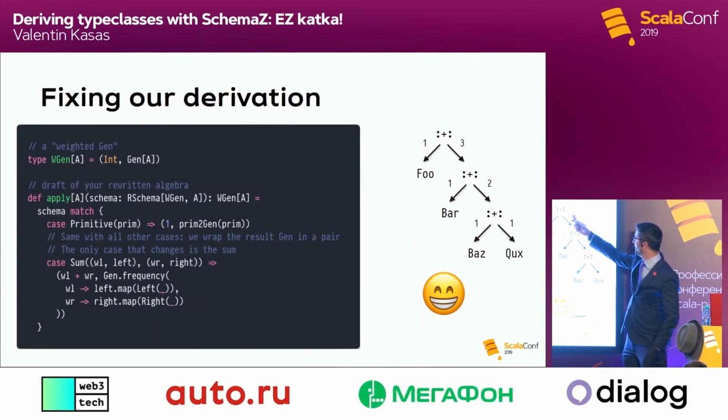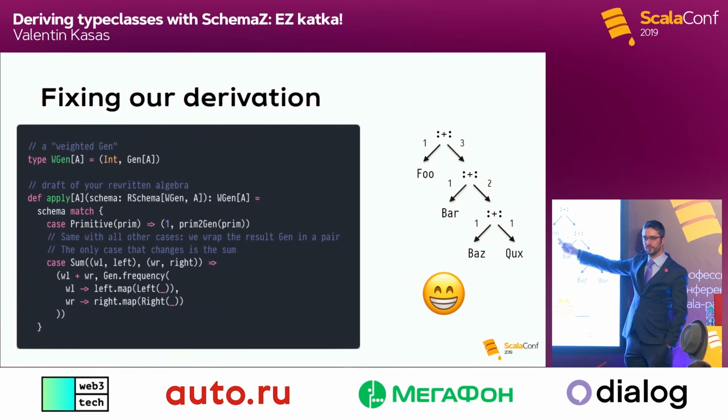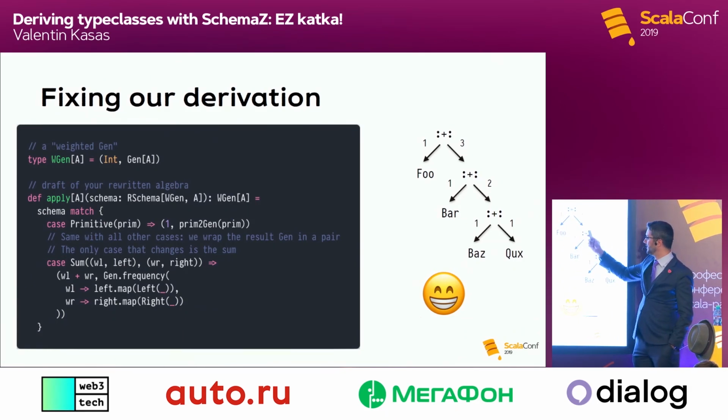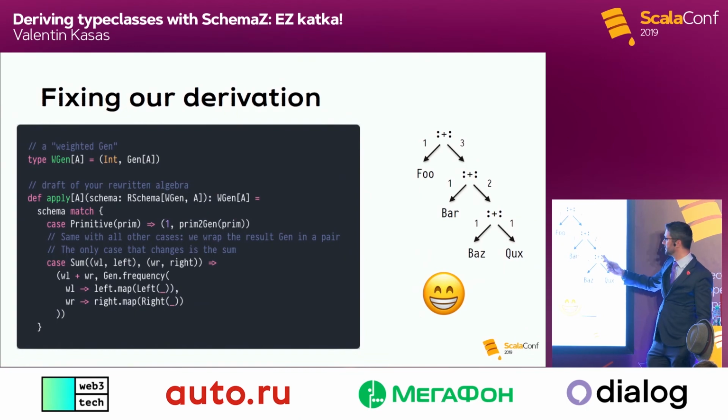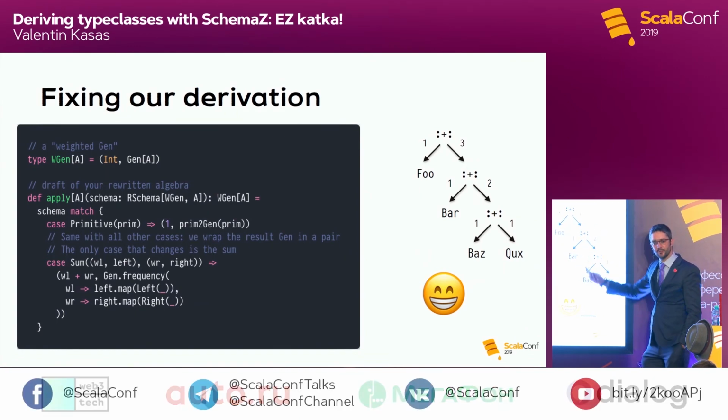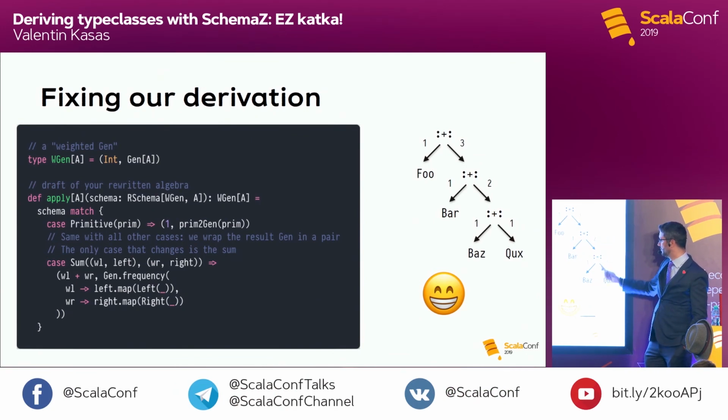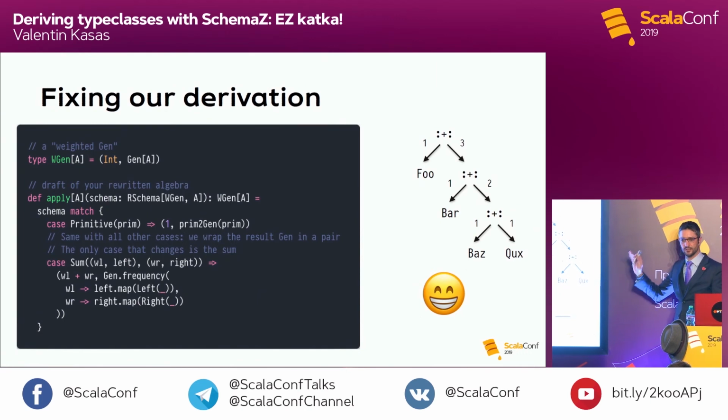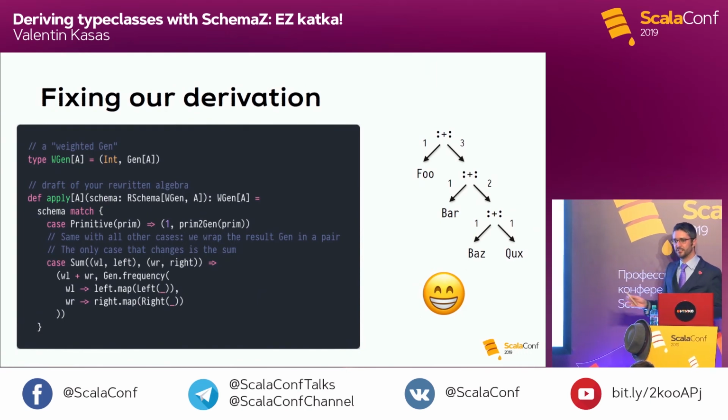So in 1 in 4 cases, I get foo. And in the 3 other remaining cases, in 1 in 3, I get bar. And in the 2 remaining cases, in 1 of 2, I get bars. And in 1 of 2, I get cuts. So that's it. I have a fairly distributed gen.